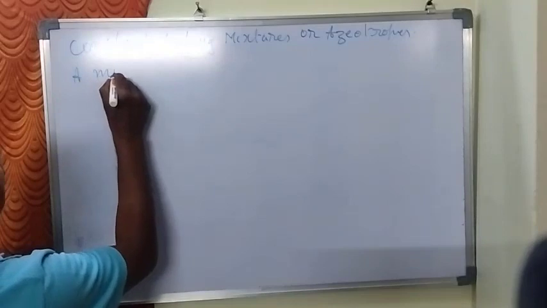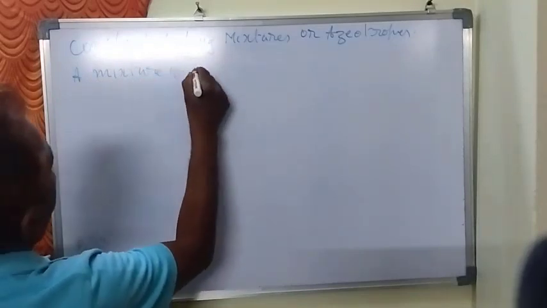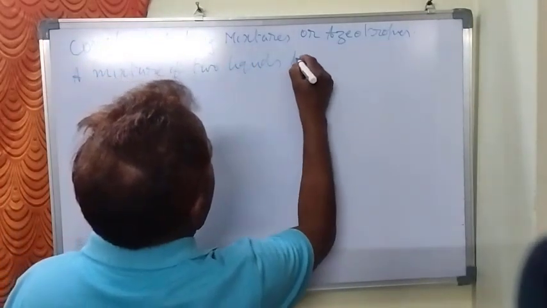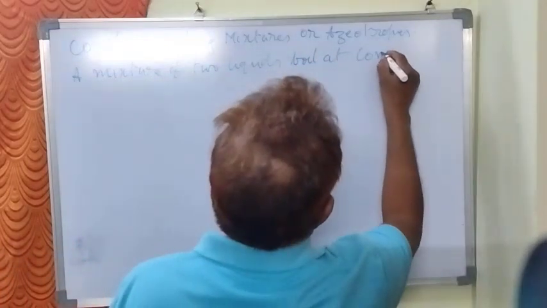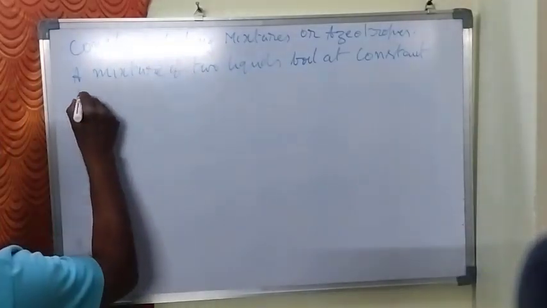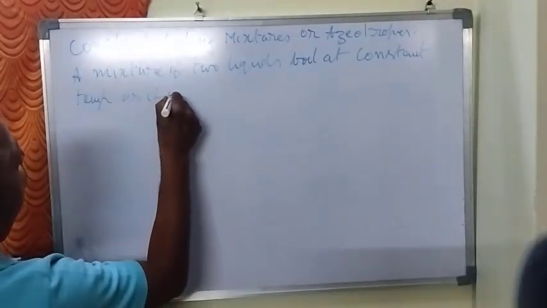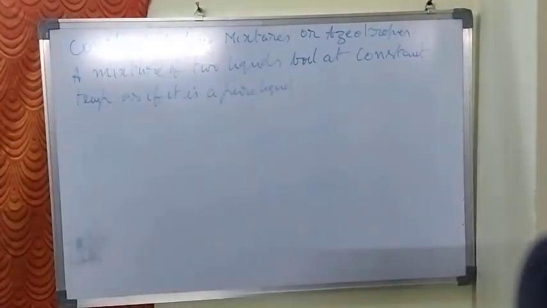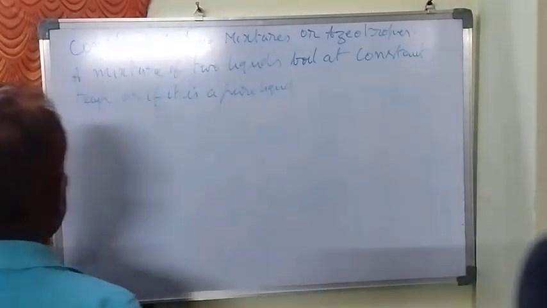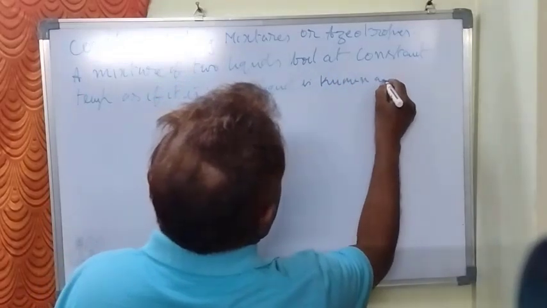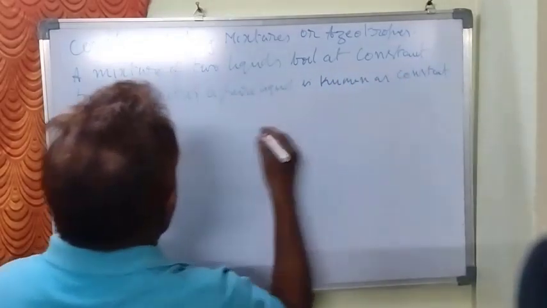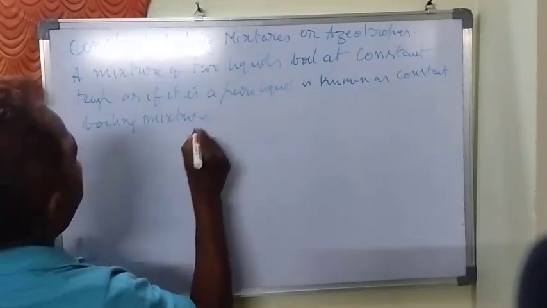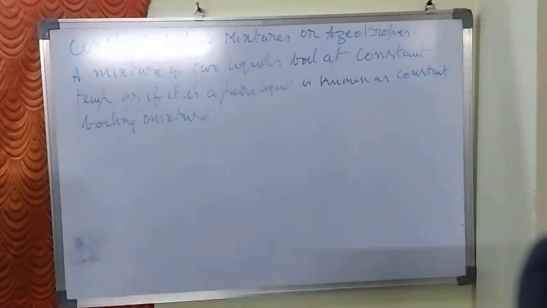A mixture of two liquids that boils at a constant temperature, as if it is a pure liquid, is known as a constant boiling mixture.